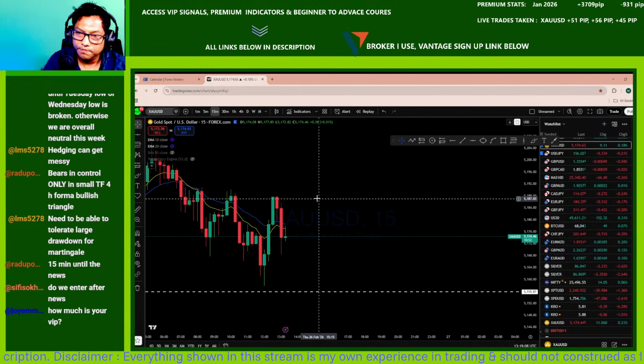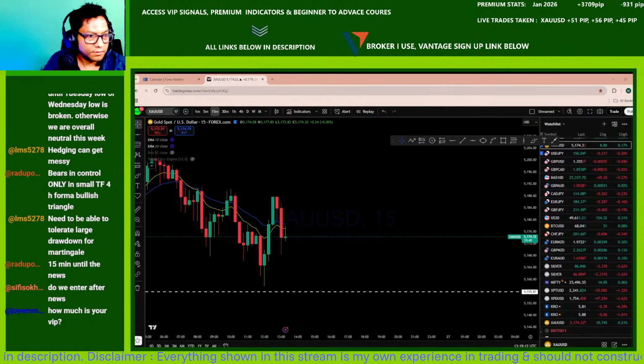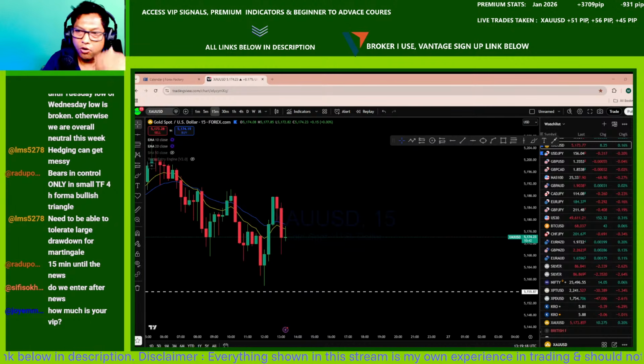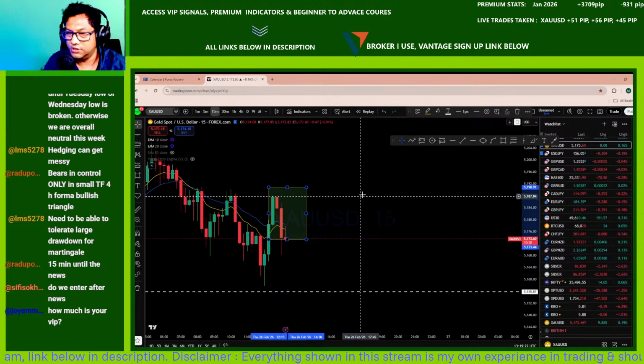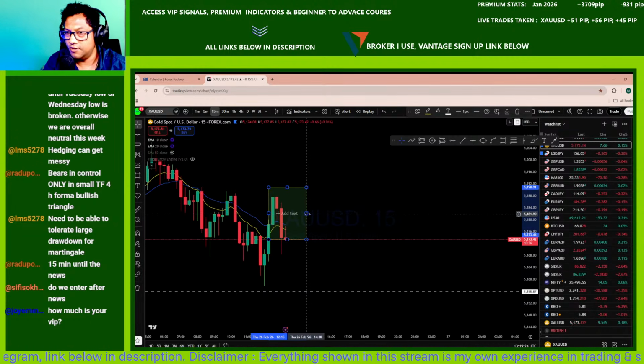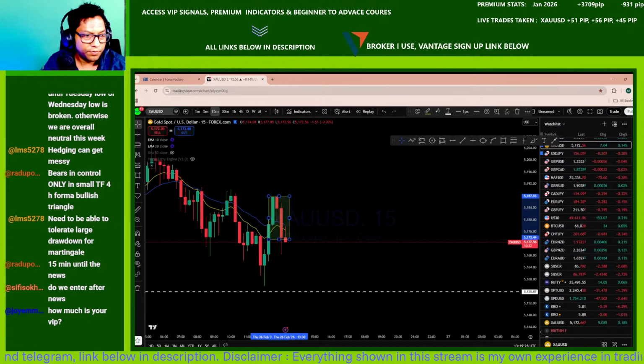Here is the move. I'm looking for here, if you look at this zone that you can see, it is a liquidity sweep here in that area, and that might bring that market back below.